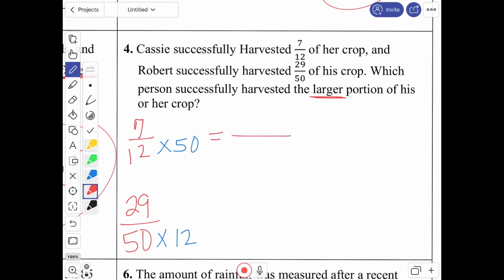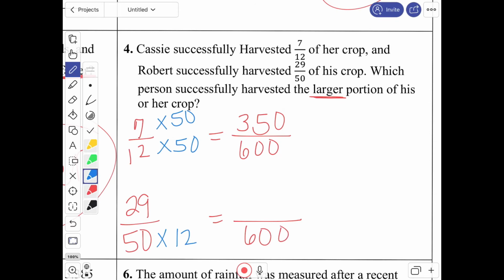So 12 times 50 makes 600. Then I'd have to do the same thing on top. 7 times 50 makes 350. And then for the fraction down here, 50 times 12 is still 600.